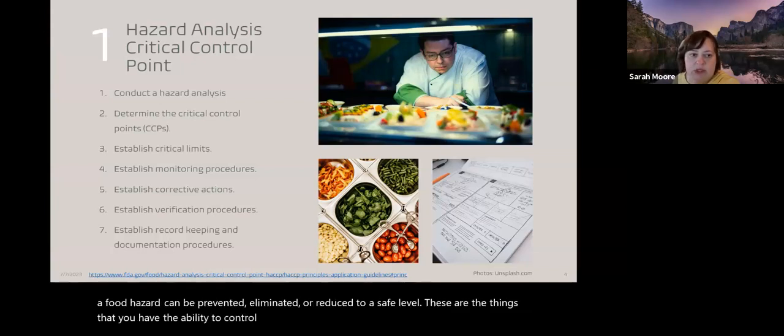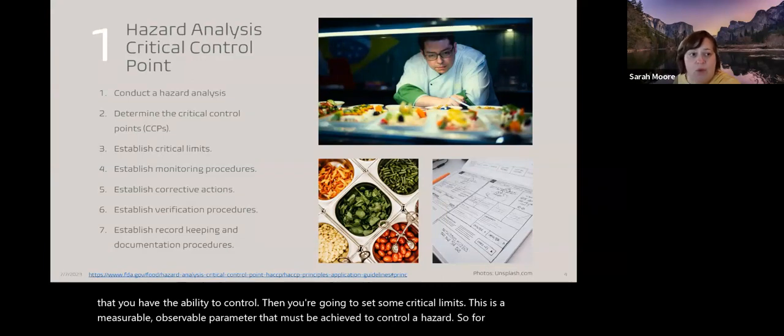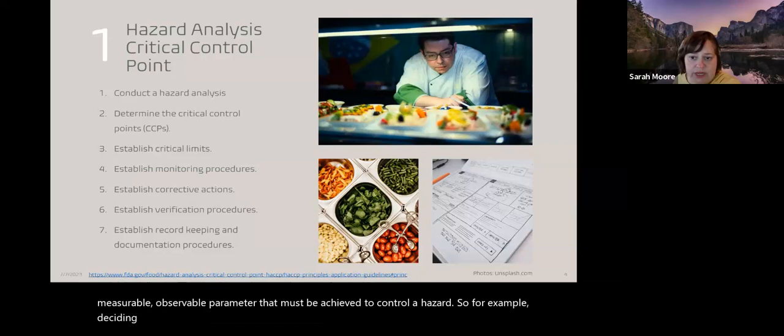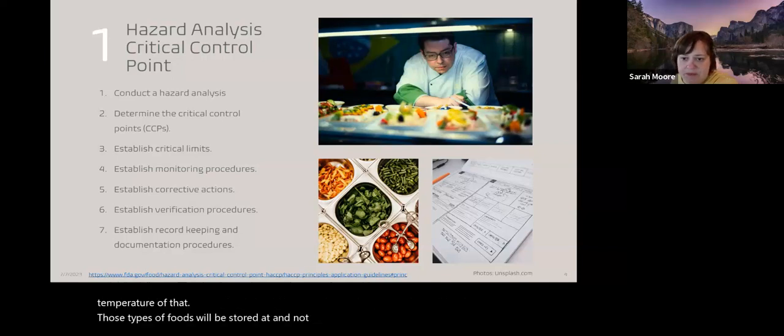Then you're going to set some critical limits. And this is a measurable, observable parameter that must be achieved to control a hazard. So for example, deciding what temperature food should be stored at and agreeing that that will be the temperature that those types of foods will be stored at and not deviate from those temperature ranges. You're going to establish a monitoring system.